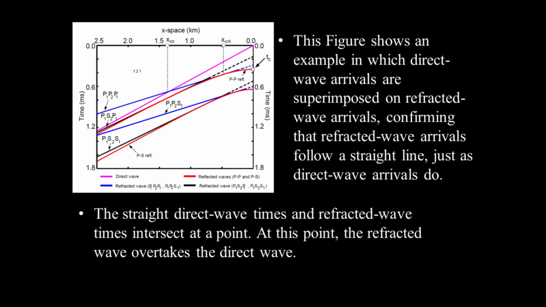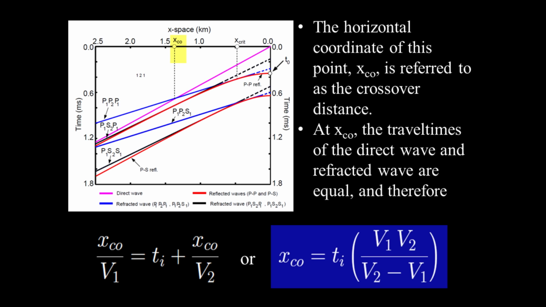At this point, the refracted wave overtakes the direct wave. The horizontal coordinate of this point, XCO, is referred to as the crossover distance. At XCO, the travel times of the direct wave and refracted wave are equal, and therefore we can deduce XCO.